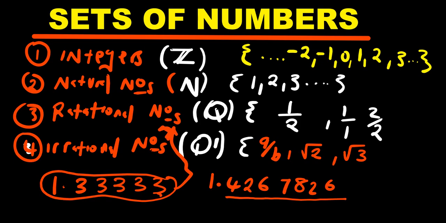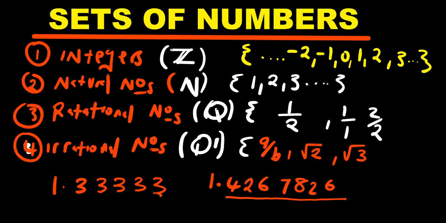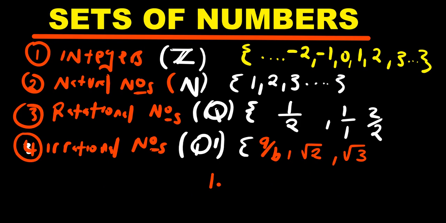That can be expressed as a fraction, and you will learn about how you deal with repeating decimals. So an irrational number will give you a non-repeating pattern. So that's the difference.